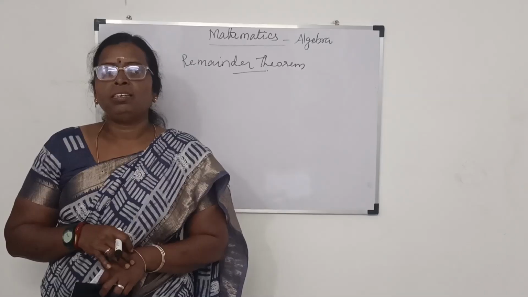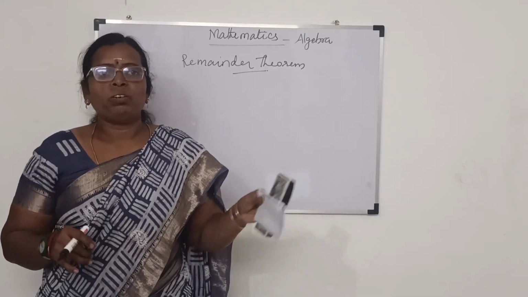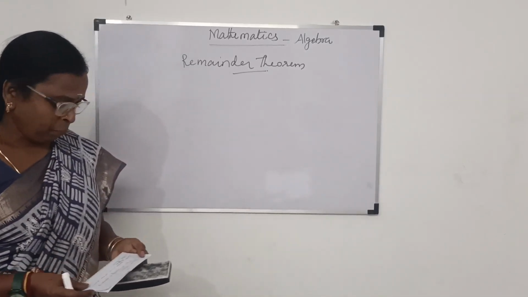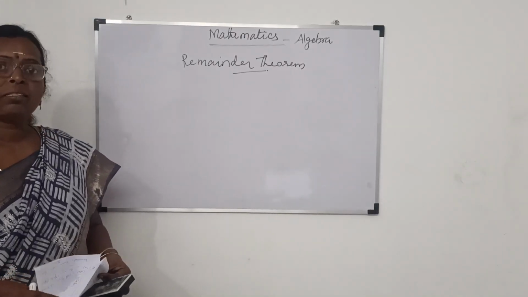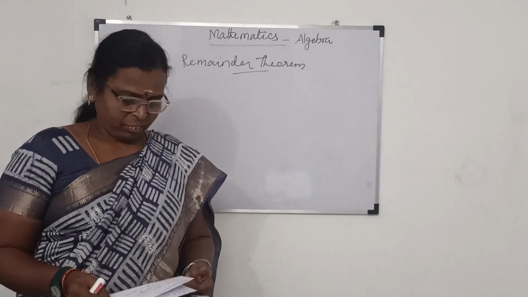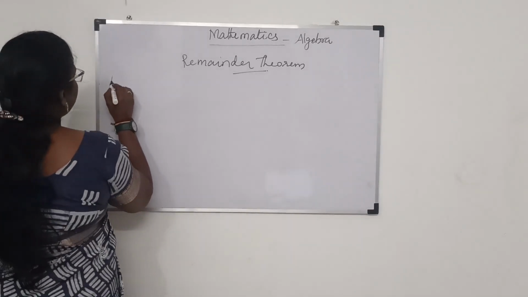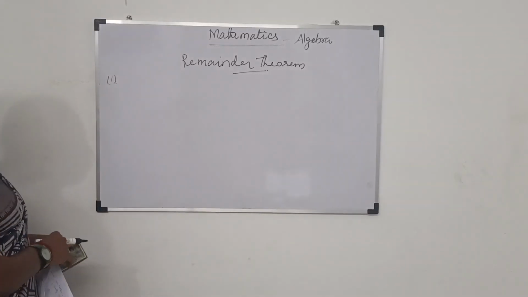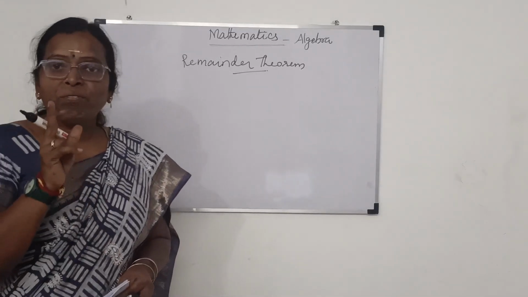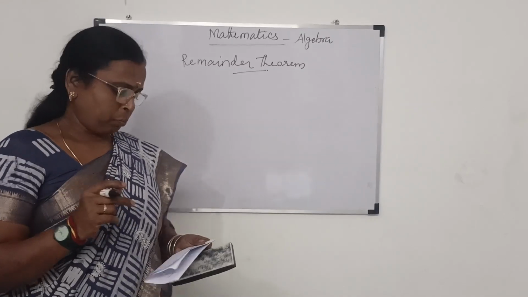The basic, a very famous theorem called the remainder theorem, to do the basic arithmetic operations for divisibility. So the first condition is how to divide a polynomial with one variable. That is very important.